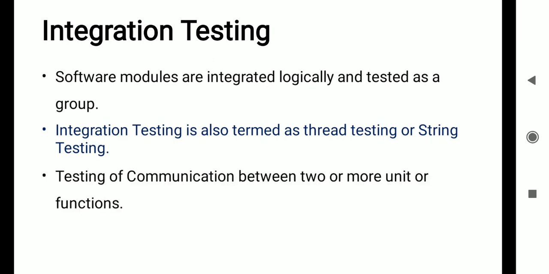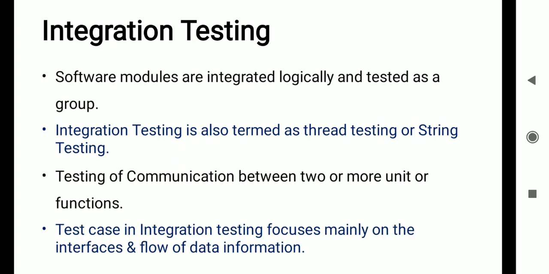Testing of communication between two or more units is integration testing. Test cases in integration testing focus mainly on the interfaces and flow of information, which you can consider as data. As you know, raw facts or figures are data, then they become information. So these are the things which are required.